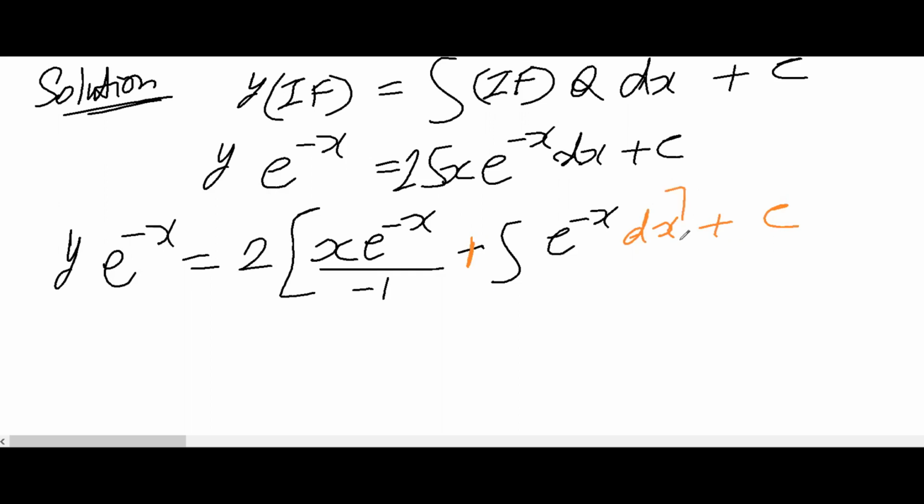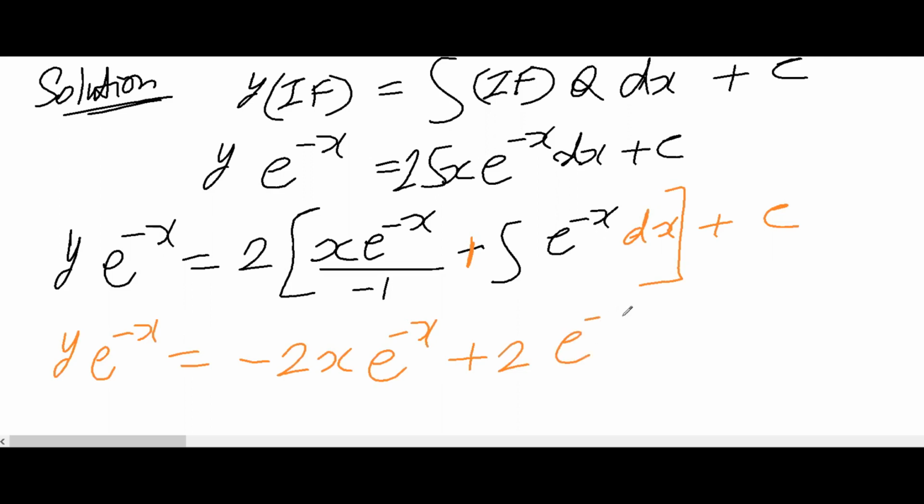Now I have to keep this in a bracket. Now again, y e to the power of minus x is equal to, I am opening the bracket now. So it is minus 2x e to the power of minus x plus this 2 will come here, and integration of e to the power of minus x is nothing but e to the power of minus x divided by minus 1. So I am writing here this as minus 1, plus c.